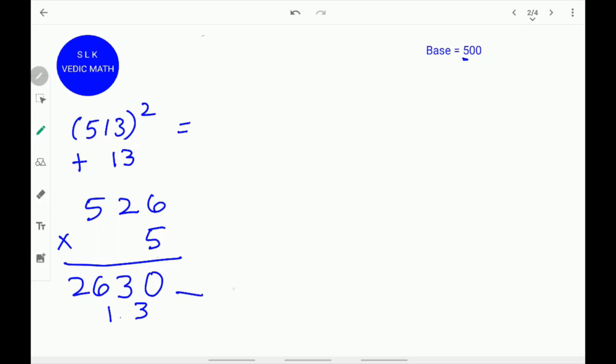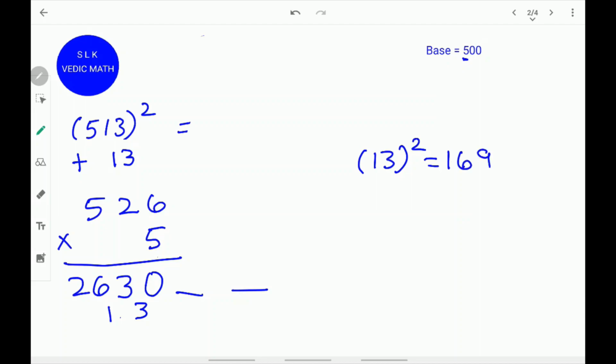2 more digits to go, because when you square a number between 317 to 999, the answer is always a 6-digit number. Next, find the square of the difference 13. So, 13 square is 169.